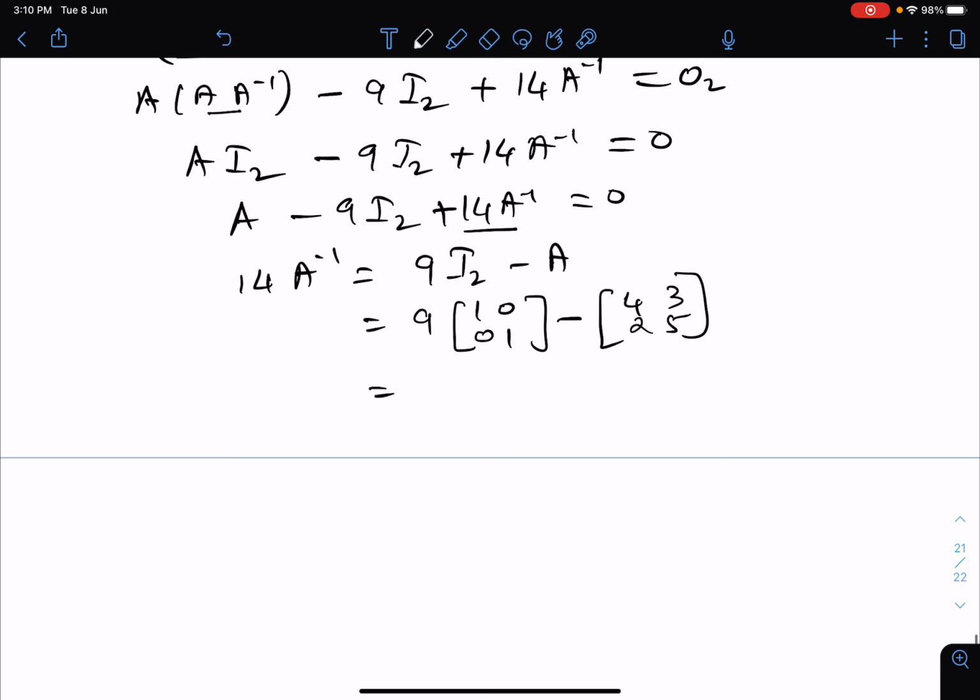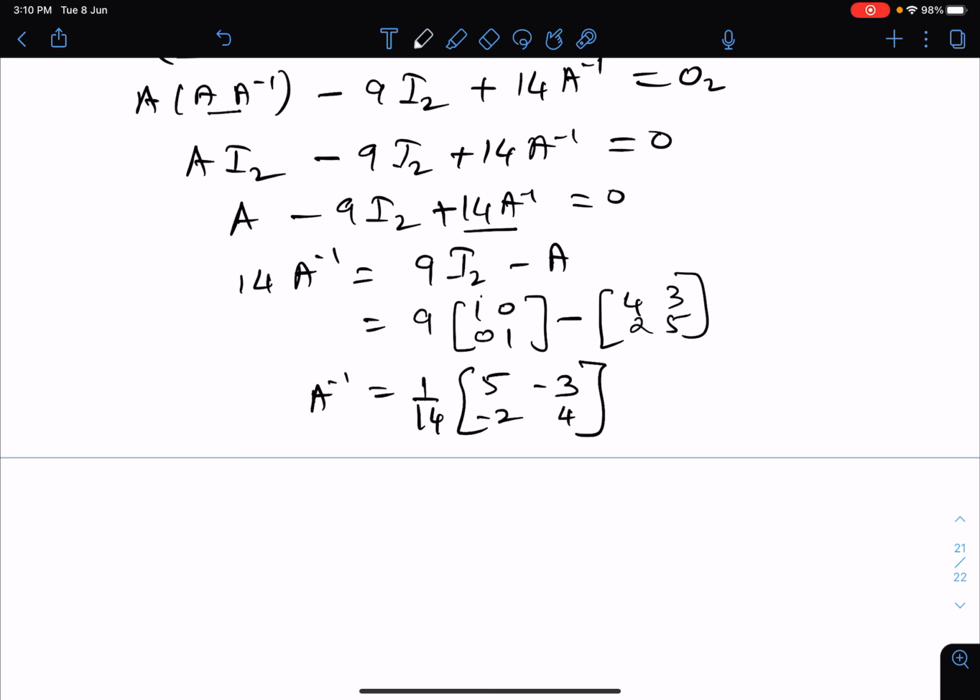Here it is multiplication. If it comes this side, it will become division. Okay, so 1 by 14 into here you will get it as 9, again take the first element and first element, 9 minus 4 will give you 5. Here 0 minus 3, similarly here 0 minus 2, and 9 minus 5 is going to give you 4. So this is our A inverse.